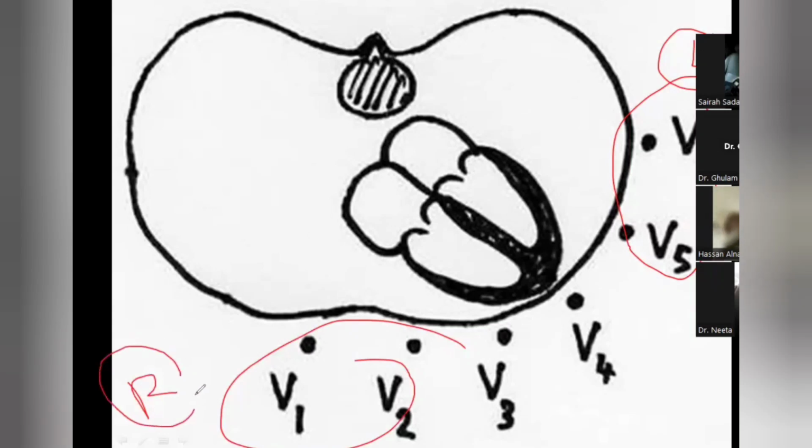I have already told you that these two will give you information about the right side of the heart. These two leads will give you information about the left side of the heart. And these two, the interior side. They are lying in the center. First of all, tell me what will be the deflection in V5 and V6? Now come on, inbox me.